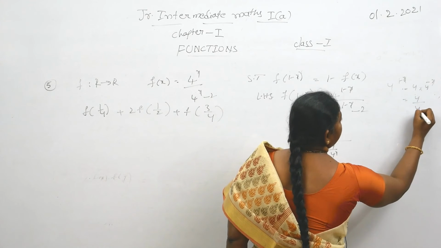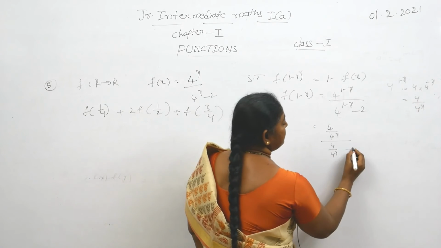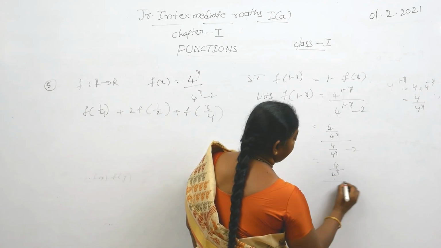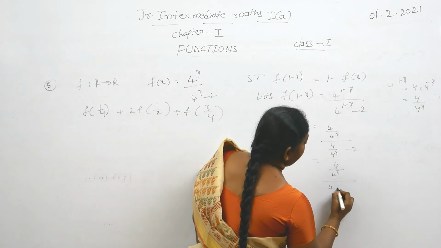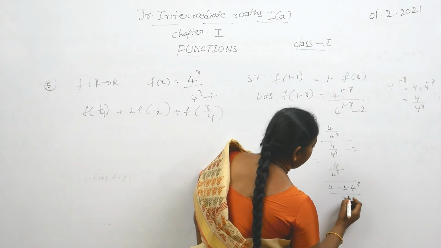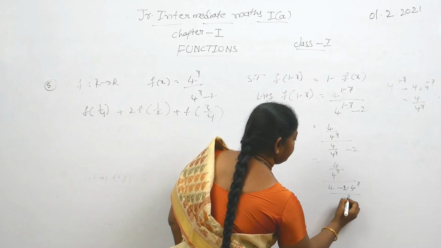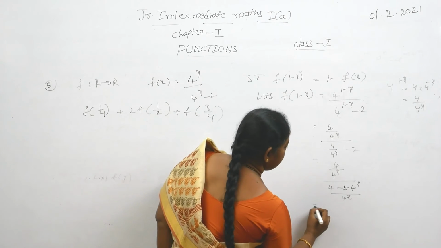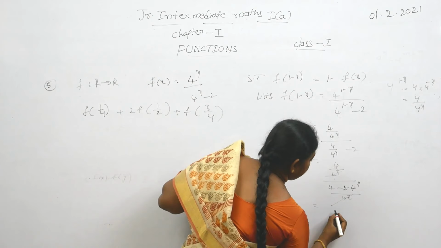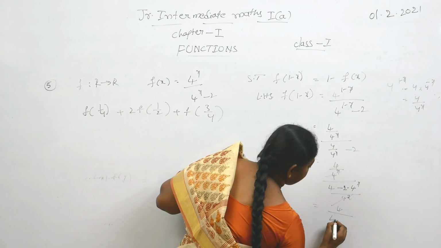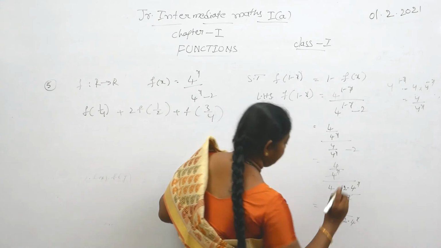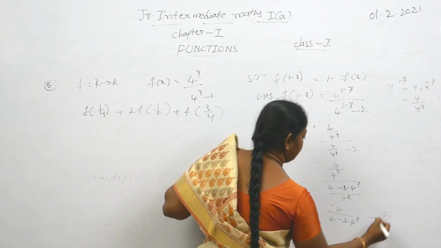We can write 4 by 4 power x, all by 4 by 4 power x minus 2. Taking reciprocal, these two get cancelled. So 4 by 4 minus 2 into 4 power x. So this is one condition.